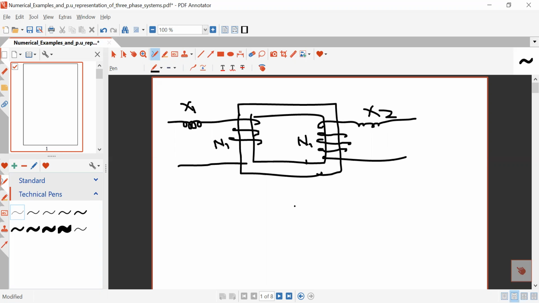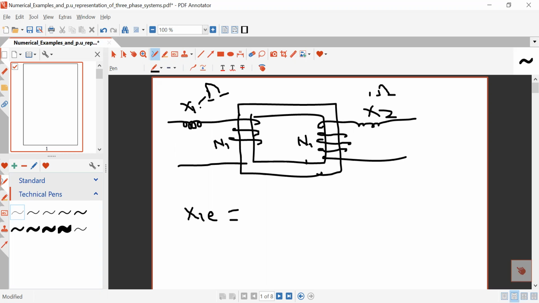Now, if I ask you to calculate the total reactance of the transformer referred to the primary, when X1 and X2 are both in their conventional unit, in ohms, then in first year study in basic electrical engineering or electrical machines 1, you have already studied the method for calculating total reactance of the transformer referred to the primary or the secondary.